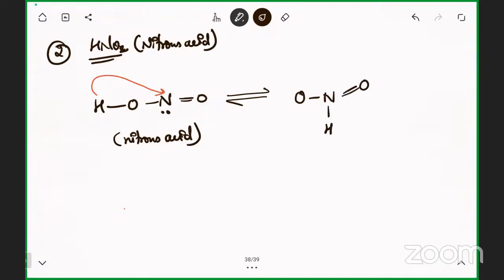Nitrogen will have hydrogen, oxygen will carry a negative charge, and nitrogen will carry a positive charge. So this is a nitro group now. So see, there is a tautomer, a movement of hydrogen from the neighboring atom. Oxygen was the neighboring atom. From the neighboring atom, the hydrogen was migrated. So that is called what? Diad system. Got my point?